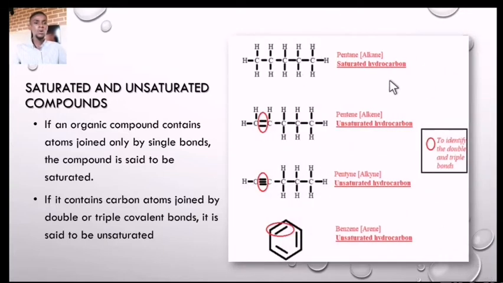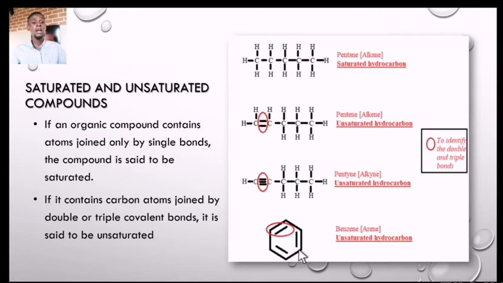Looking at this, it is called saturated because all we have here are single bonds. There is no double bond anywhere in this compound. Going to the next one, we have a double bond between these 2 carbon atoms, and so it is referred to as an unsaturated hydrocarbon. In this case also we have a triple bond, so it is referred to as an unsaturated hydrocarbon.